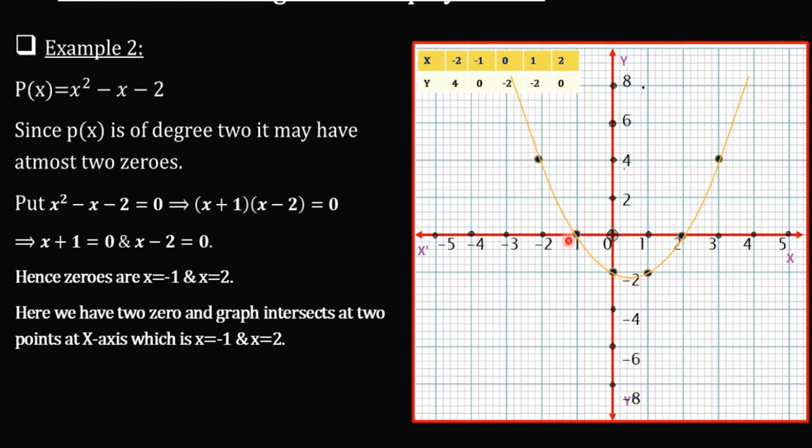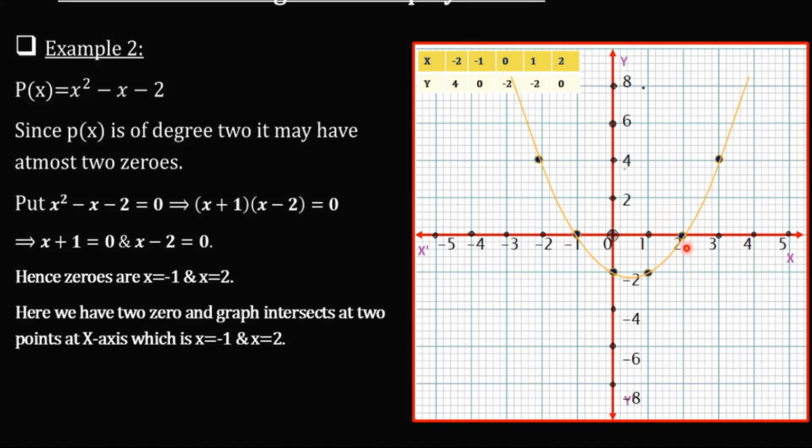So the graph is intersecting the x-axis at 2 points, that is the zeros of this polynomial: x equal to -1 and x equal to 2, the graph is touching the x-axis. That is the zeros of the polynomial.